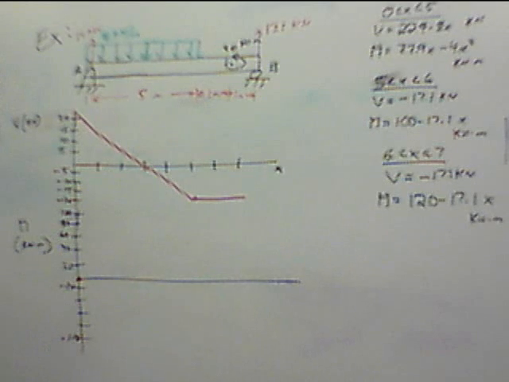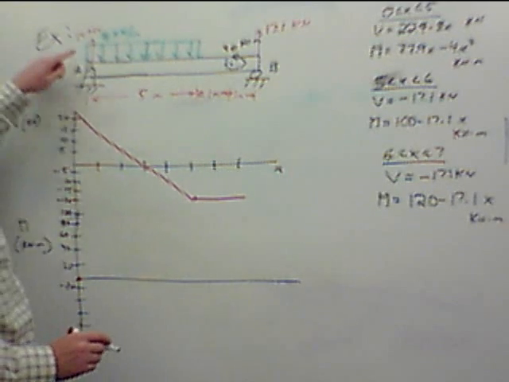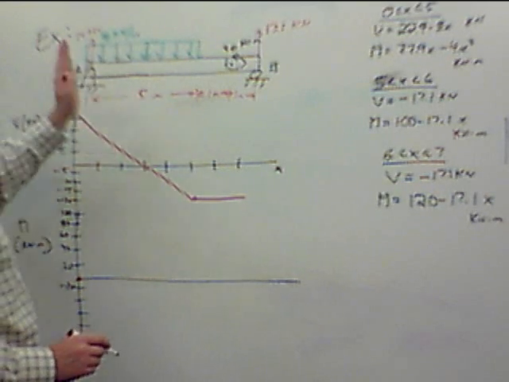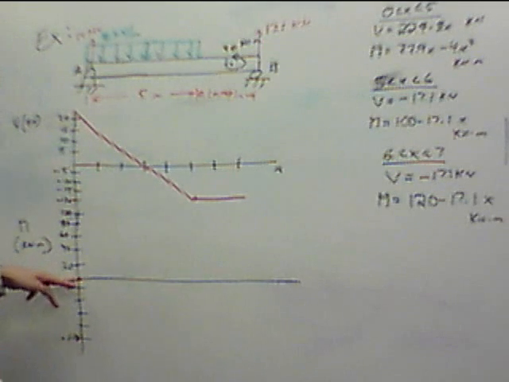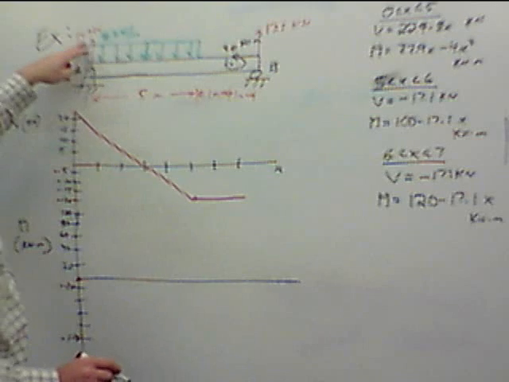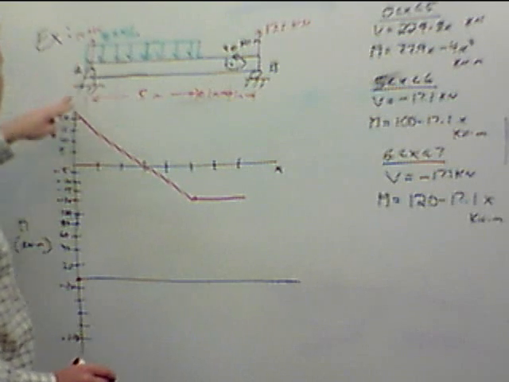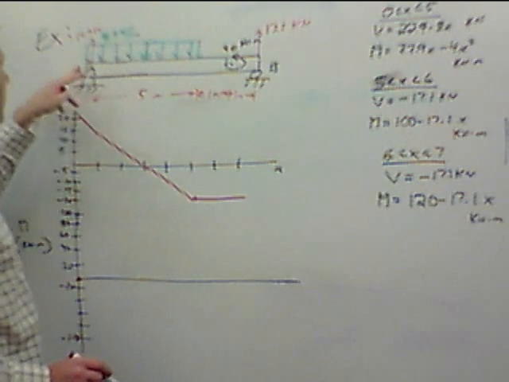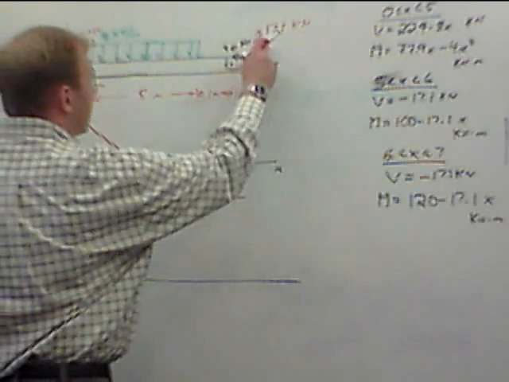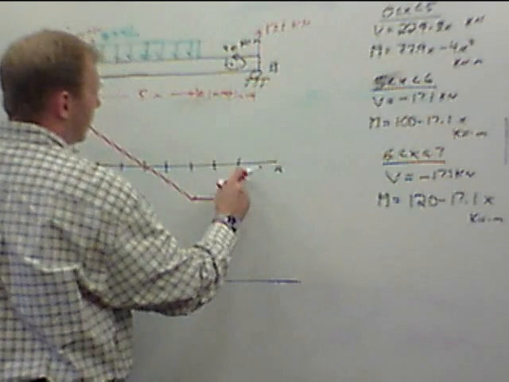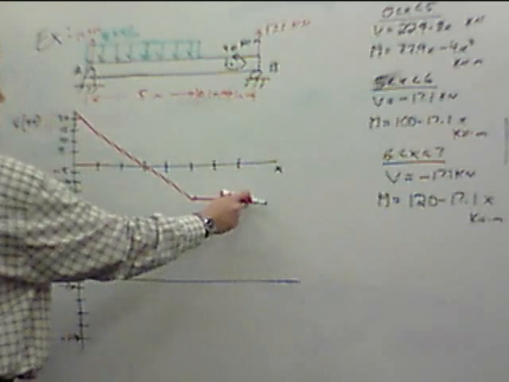Again, a little bit of a sanity check. Your values should start at what they are at the end. We have no applied moment at this end, so there's no moment showing up at the left end in our diagram. Here we have an applied force of 22.9. It's a support force, but it's still a force applied to our beam, so that's 22.9. The other end, we have an applied force of 17.1. We end up at negative 17.1.